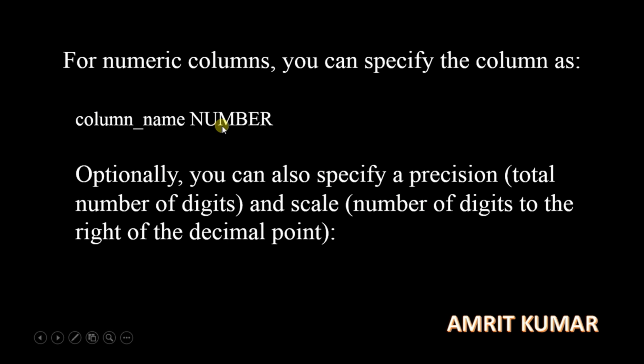Which type of data type am I using? Here I am using the number data type because I have taken the column name as employee contact, that is the mobile number of the employee. So what does this data type do, and what is the compiler going to understand?